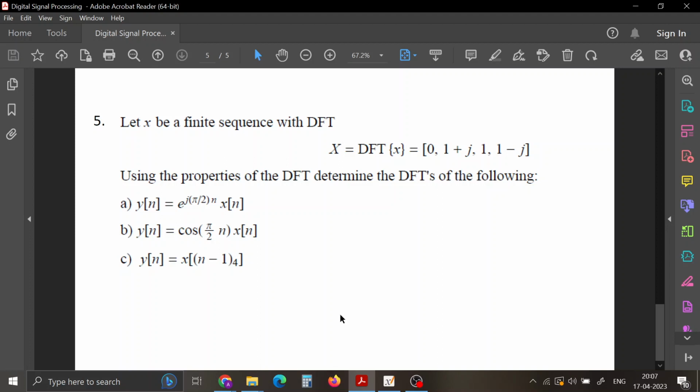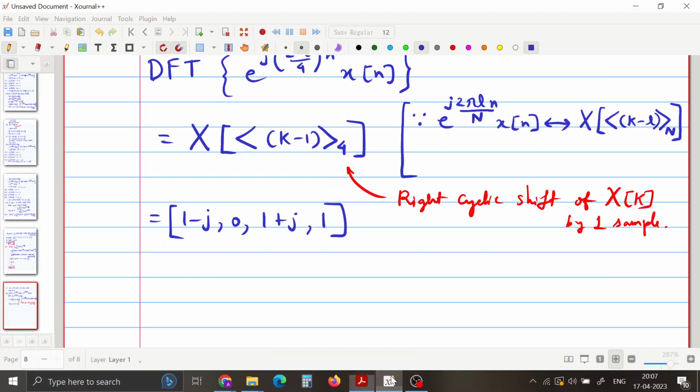We are very much familiar with the formula that cos of theta is e power j theta plus e power minus j theta, whole divided by 2. Once we use that formula, we can express this cos in terms of the complex exponential, and then make use of the same property which we did for part A and find the DFT. So that's exactly what we are going to do.